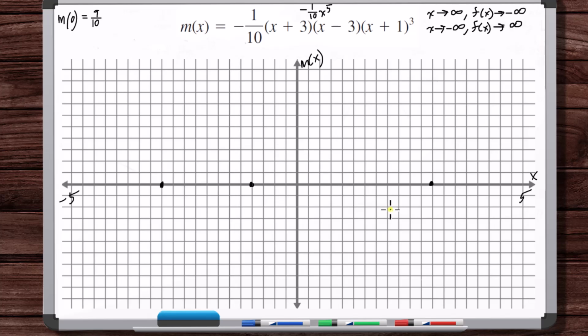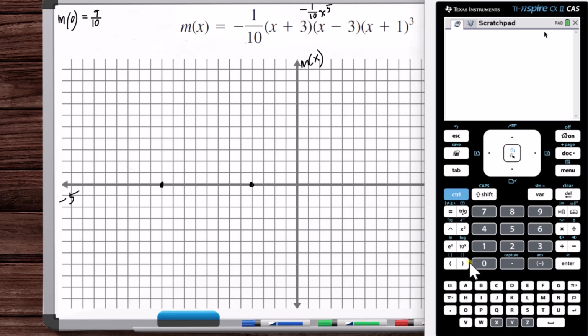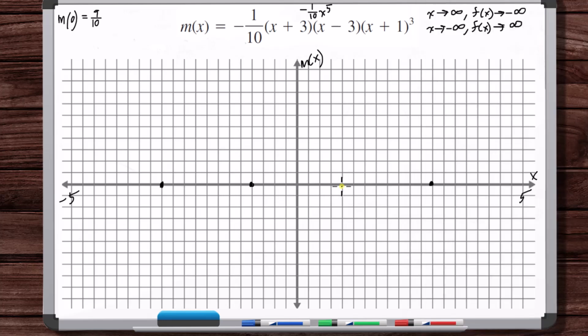So now let's do this. Minus 1/10. Okay. Now let's plug in a point halfway between -1 and 3, so which would be at like 1.